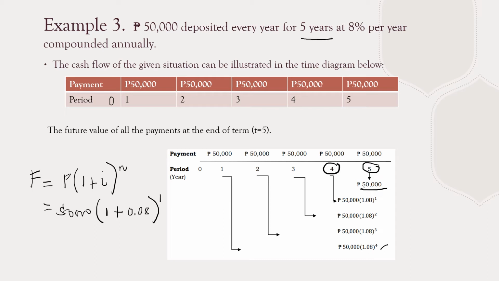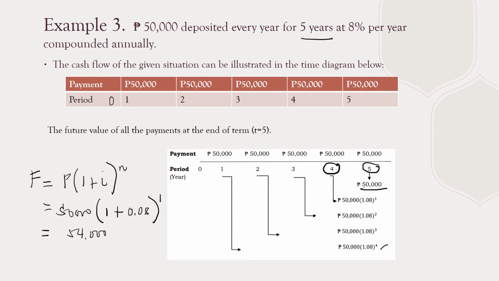Yun nandito sa 4. So, kung kukuhanin natin ang value niyan, that is 54,000. Same with the amount in the third year. And then, 50,000 on the second year.